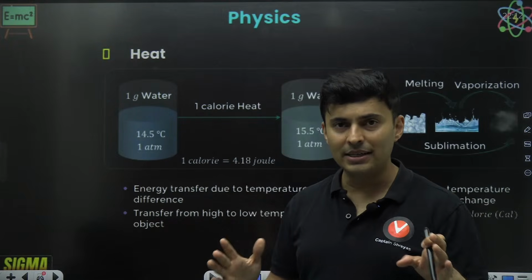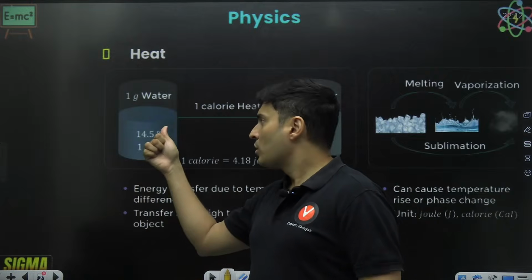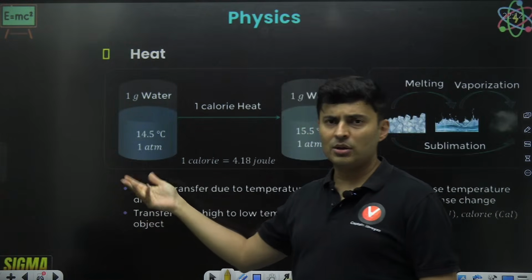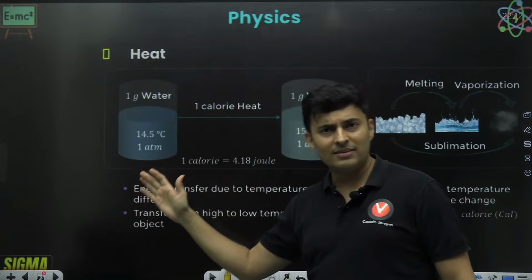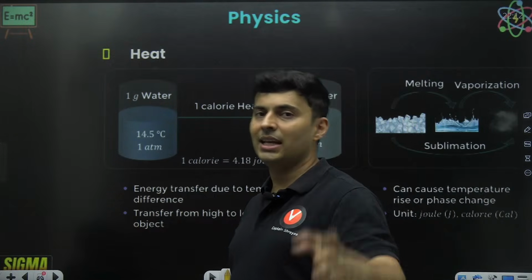So a calorie unit of heat was defined as the amount of heat required to take the temperature of 1 gram of water at 1 atm from 14.5 Celsius to 15.5 Celsius. That is how a calorie is defined.